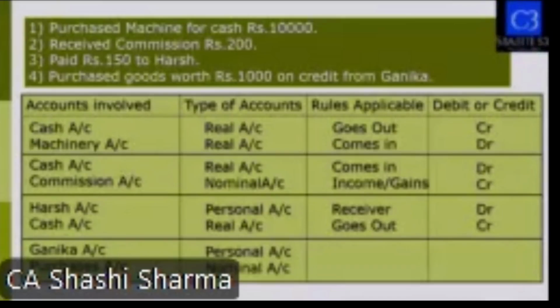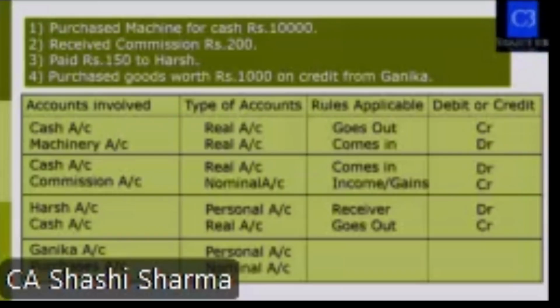It depends upon the way we look at the transaction. When you use the word purchase and sales, then it definitely means some goods are coming into the business or going out of the business. So if we look at the word goods, then goods are real things which can be touched, seen, purchased, sold.